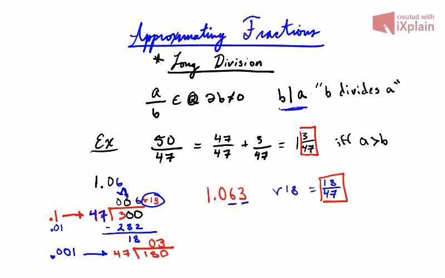Okay, 47 times 3 is 141. And then you've got 39 left over. So you got 39 remainder divided by 47. So now I found that 3 right there.